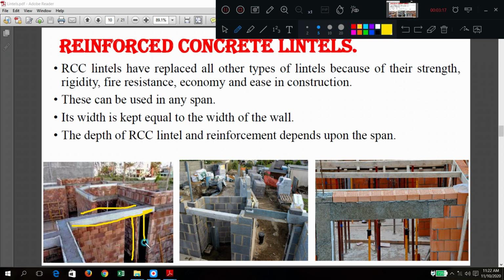From underneath they are giving some wooden bamboos. So all those things support, and these wooden plates, sometimes they may use MS steel plate also. So all these are the formwork portion. Once that is there, later on they are going to put the reinforcement bar here. So inside there is a reinforcement bar.